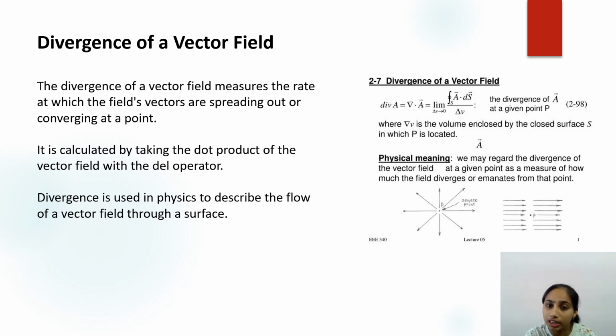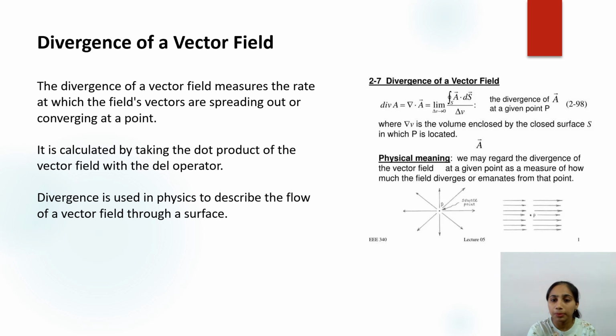In this diagram we can see the divergence of a vector field, that is div A equal to grad dot vector A is equal to the limit as v tends to 0 of the integration of vector A dot ds divided by delta v, the divergence of a vector A at a given point P, where delta v is the volume enclosed by the closed surface S in which P is located.